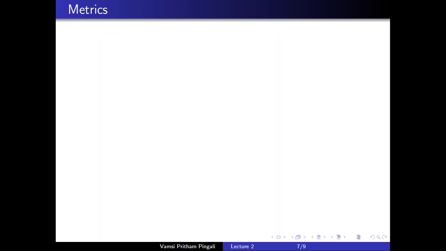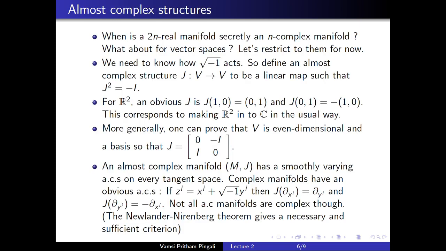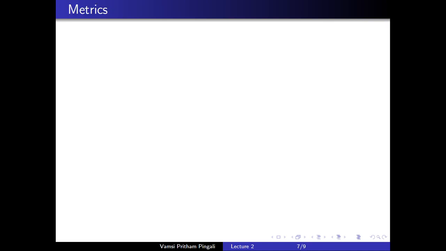So, the next order of business: recall that the obvious almost complex structure on R2 can be interpreted using geometry, right? Rotating by 90 degrees. So that leads us to the next question. We want to study how Riemannian geometry can be compatible with or not compatible with complex manifolds.